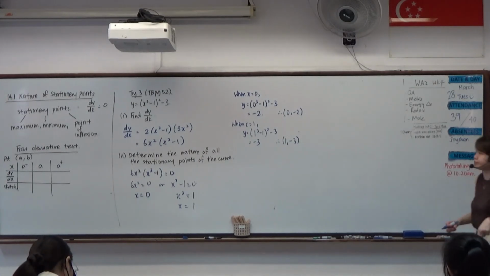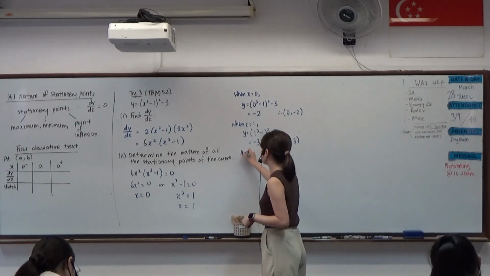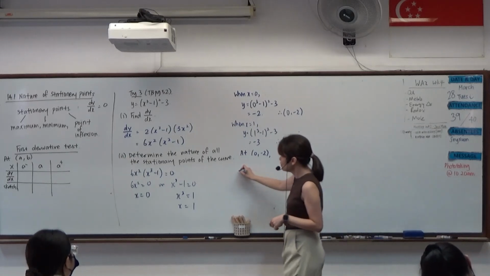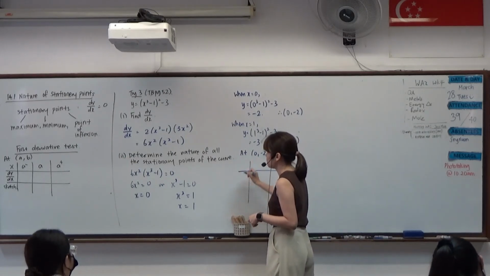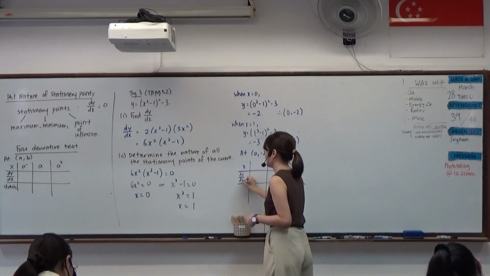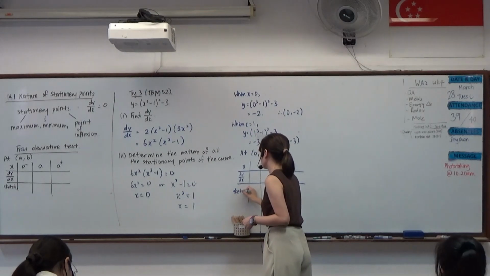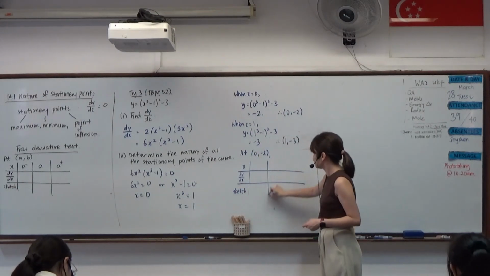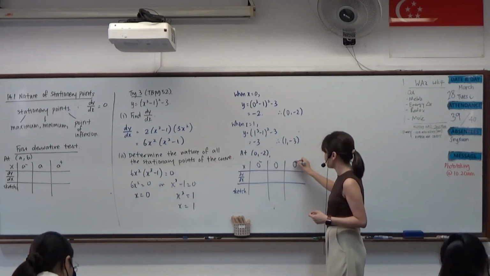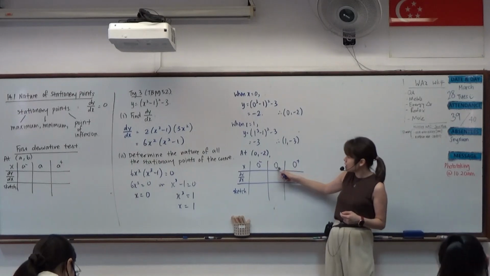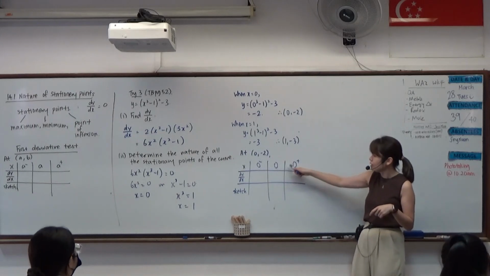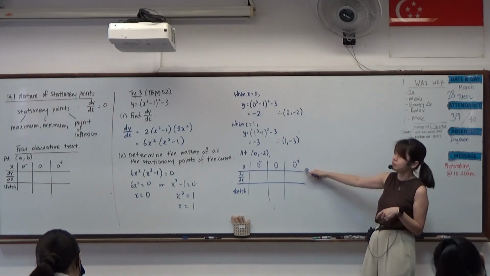And then at (0, -2), we set up our table to make use of the first derivative test. In this case, the middle will be 0. On the left will be 0 minus and 0 plus. That means we look for 0 minus and 0 plus a small amount, 0.1. So we look at when x is equal to -0.1, and over here positive 0.1 itself.